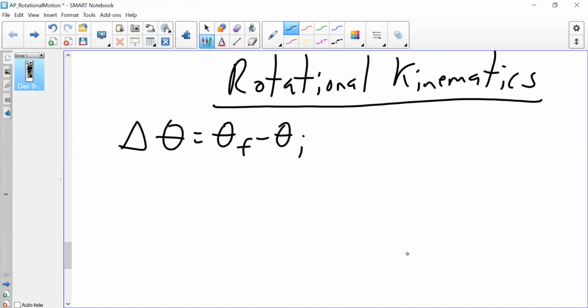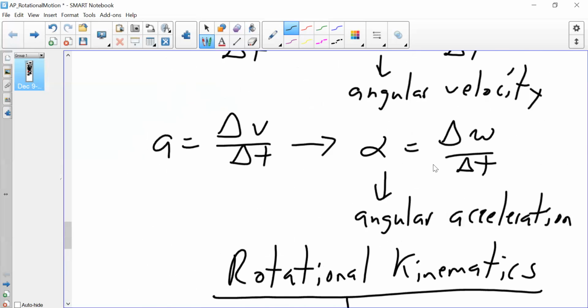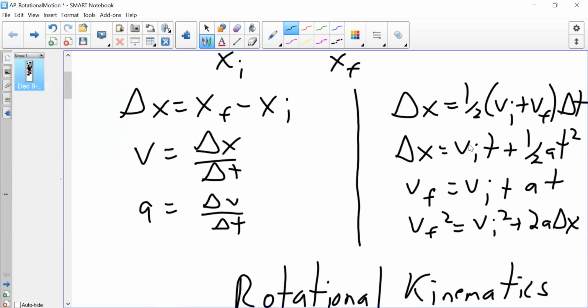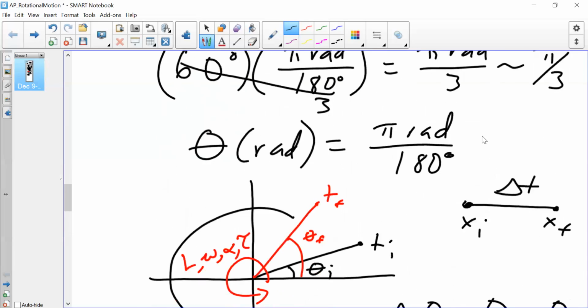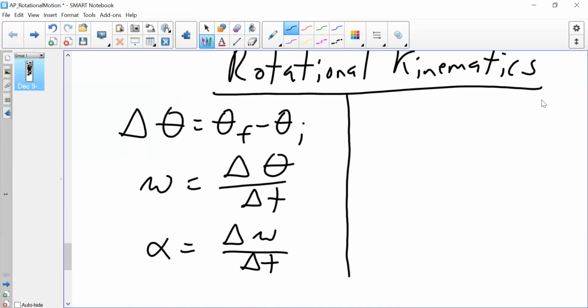All right, so angular velocity, delta theta over delta t, angular acceleration, delta omega over delta t. You can probably see, when I go up to the top, this delta x becomes delta theta, and v's become omegas, and a's become alphas. Same logic.